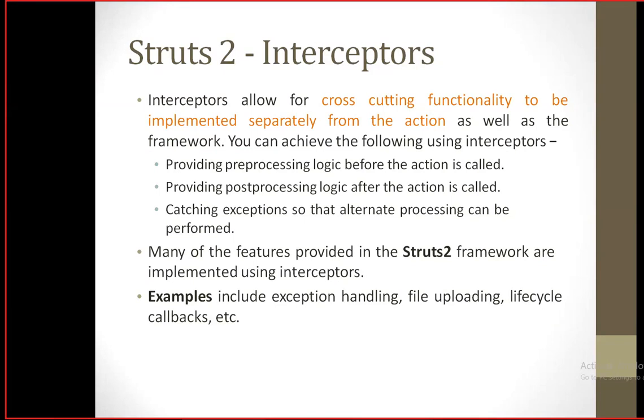Before the data is submitted to the action class, the interceptors perform any pre-processing, and after the result is computed by the action class, any post-processing required is performed by the interceptor. Exception handling or exception catching is also one of the tasks performed by the interceptor.